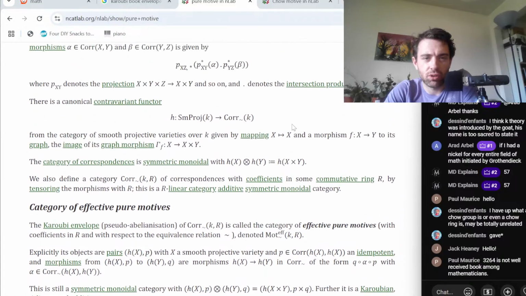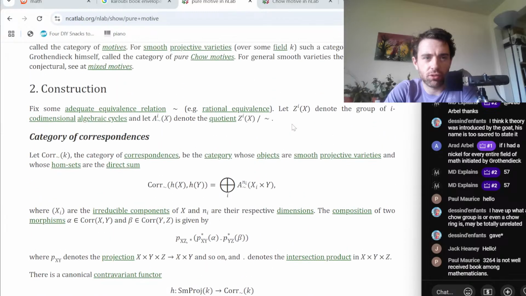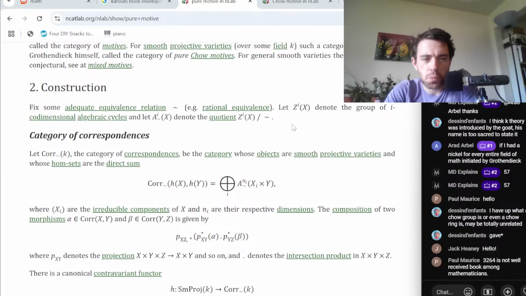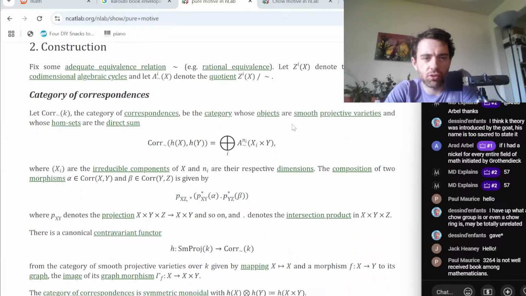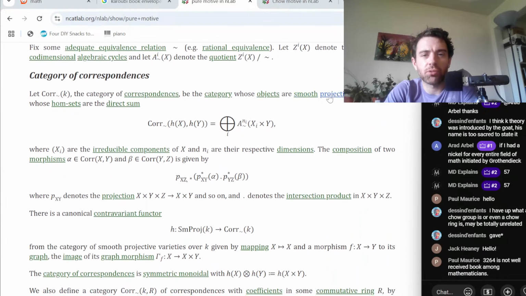And the category of correspondences is... yeah, I guess I'm a little confused. What are the objects? Objects are smooth projective varieties. I see. Okay, and then the Hom sets are given by these sums, and these are the Chow groups. Okay.